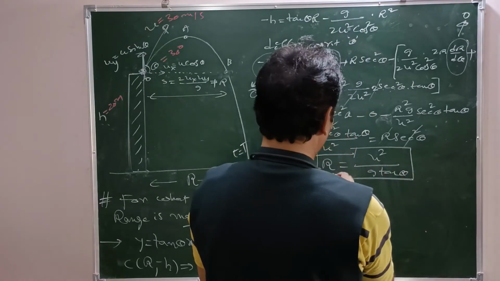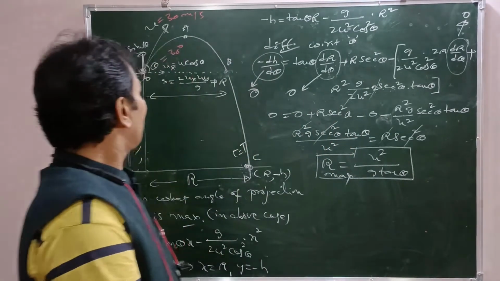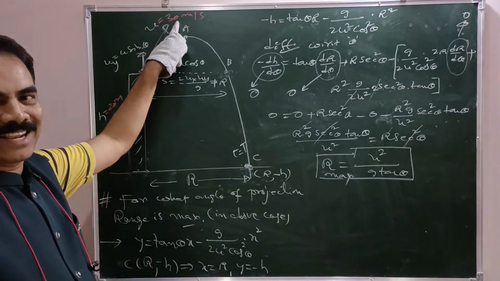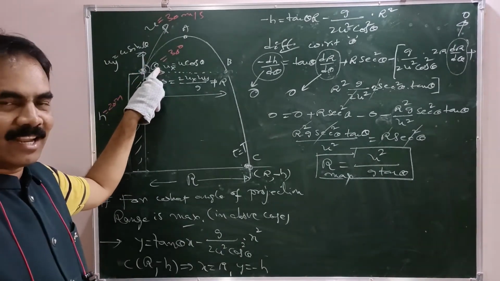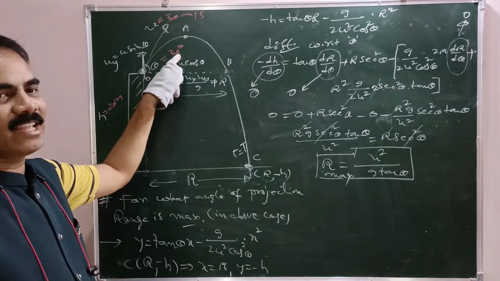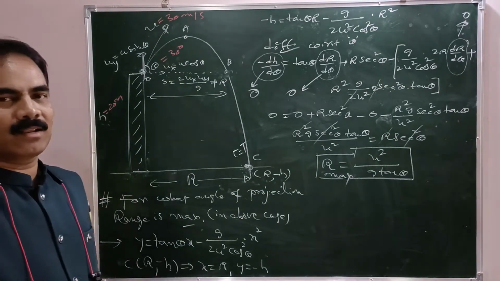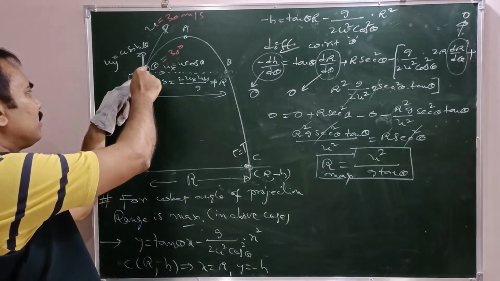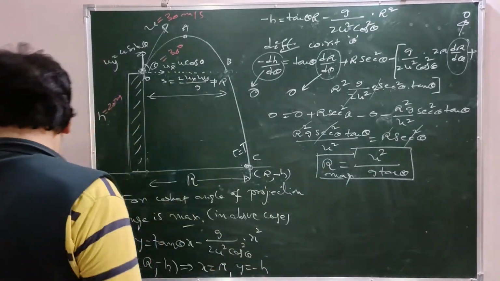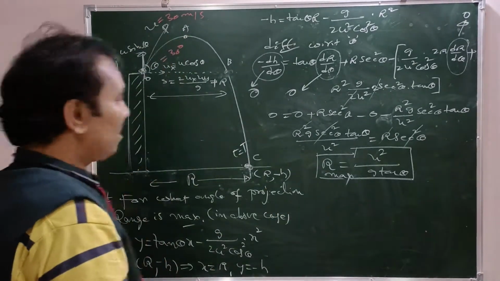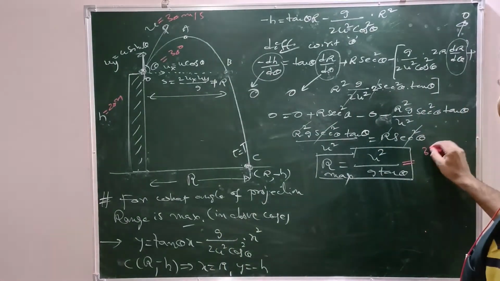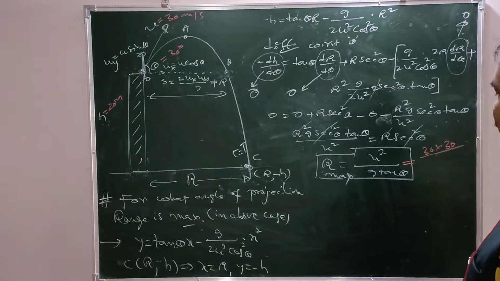Now for this numerical, u is 30 meters per second, angle of projection is 30 degrees, height of the tower is 20 meters, projected from the top of the tower. Now find R max. R max equals u square, that is 30 into 30, by g tan theta.